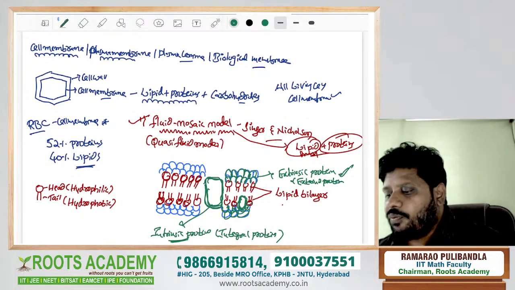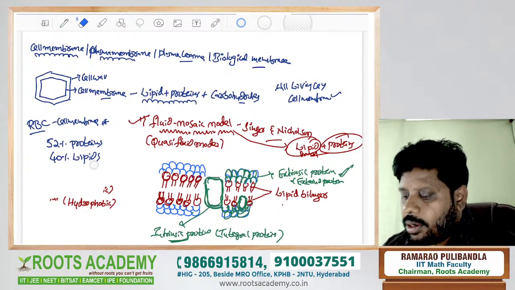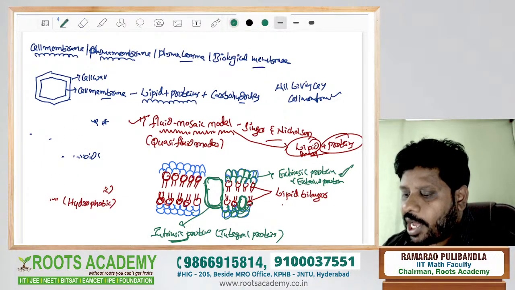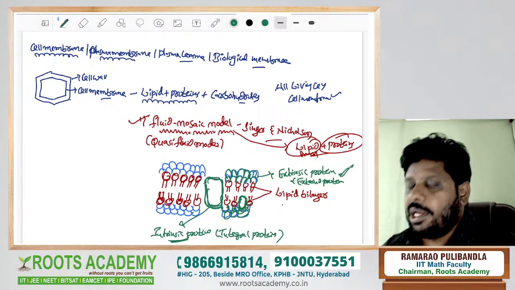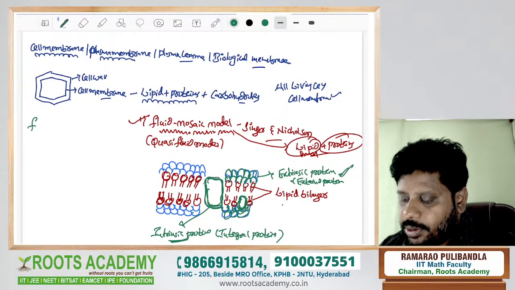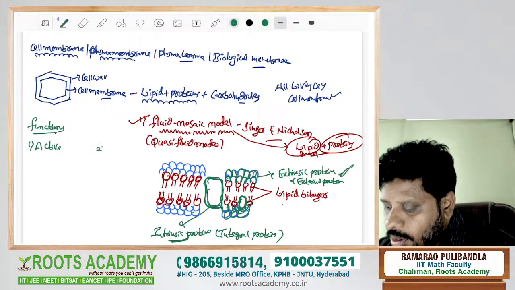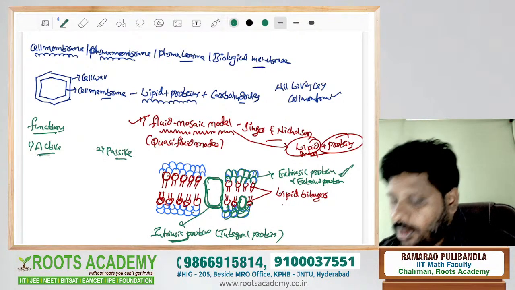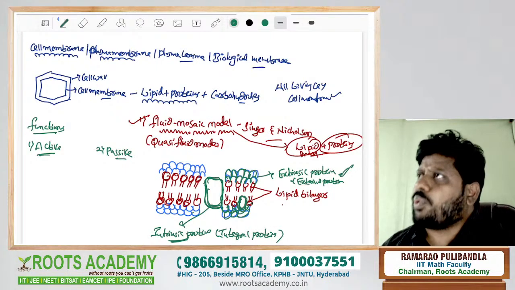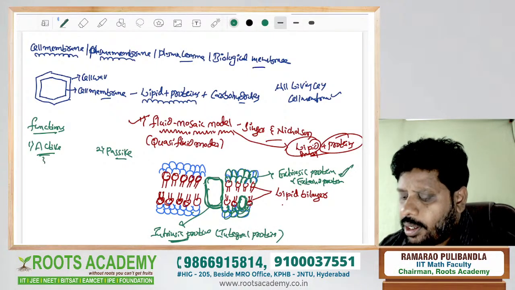Sir, what functions are carried out by the cell membrane? Functions. They participate in active processes and passive processes. Active transport, see here, is the movement of ions by the involvement of ATP.